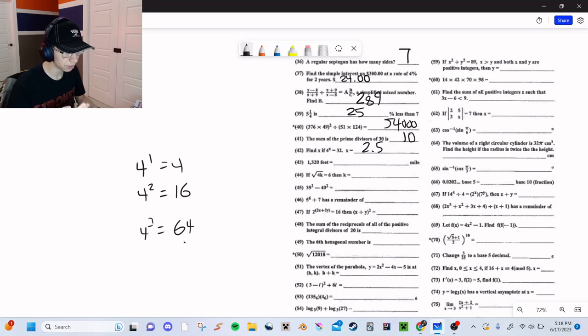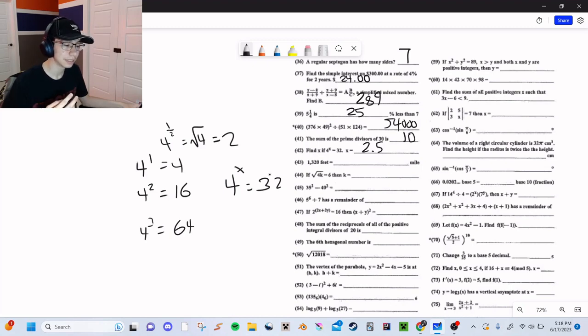I know that 4 to the 1/2 power, which is the same thing as the square root of 4, well, that's 2. I know I'm looking for what x in 4 to the x gives me 32.